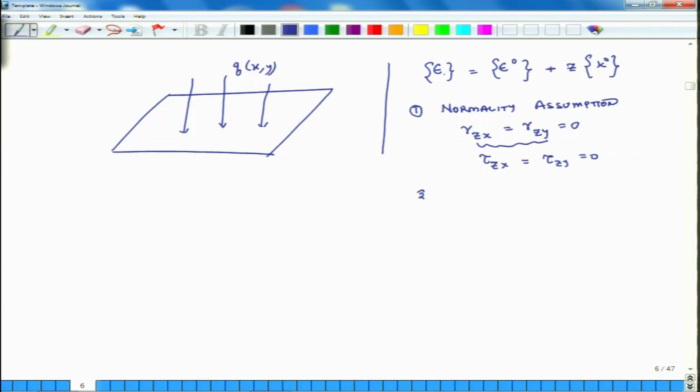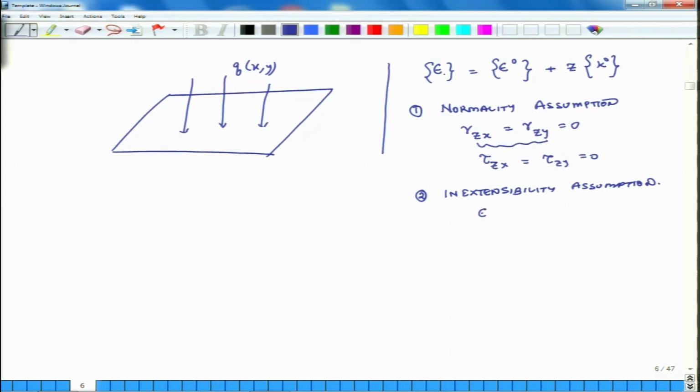And the second one was the inextensibility assumption, and what does that mean? That if I am bending the plate and I am stretching it, the dimension of the plate in the z direction is not changing.